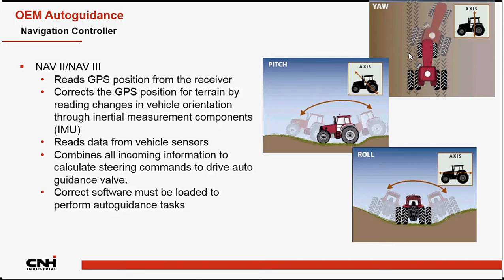The nav controller. So the nav controller, it pretty much is the translator for the system. It also can adjust the GPS positioning for the terrain that it's in. As you see, there's 3 axes that control pitch, roll, and yaw.